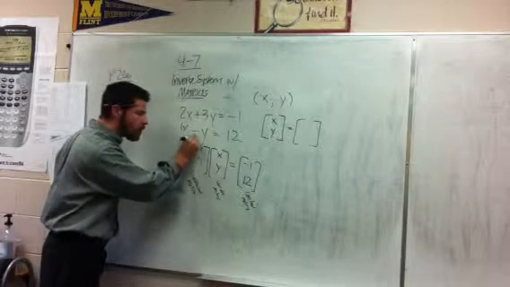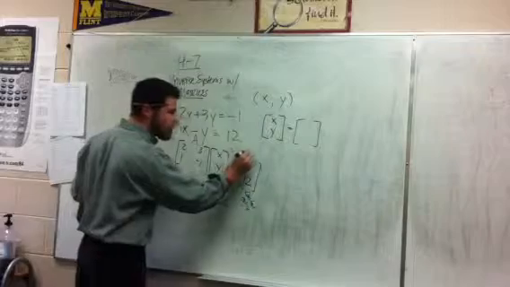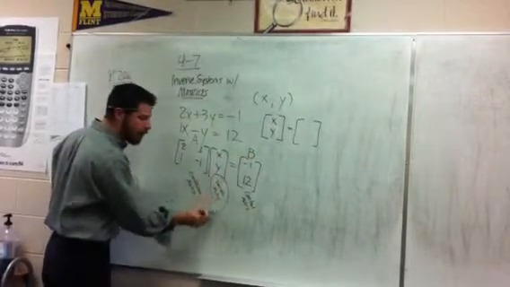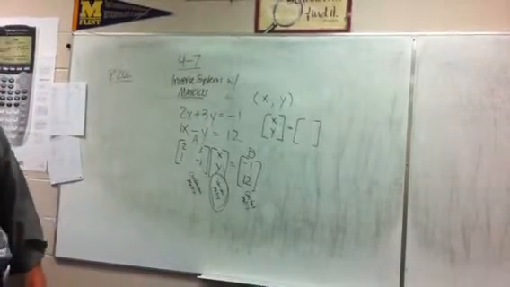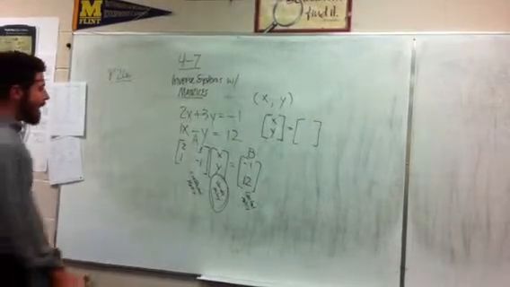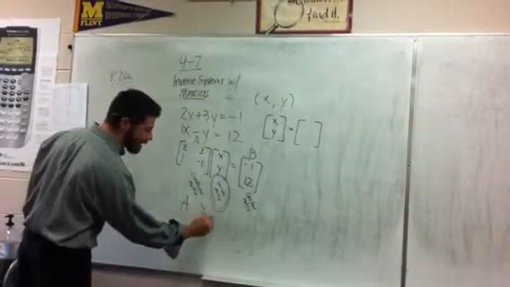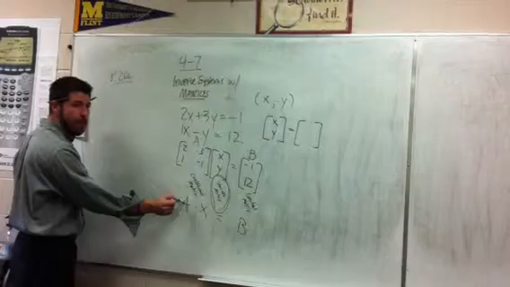If I store this 2-by-2 in my calculator as A, and I store this 2-by-1 in my calculator as B, how can I get the variable matrix by itself? A inverse B. Does that ring a bell from yesterday? If I were to write A times x equals B, I have to eliminate this coefficient matrix.